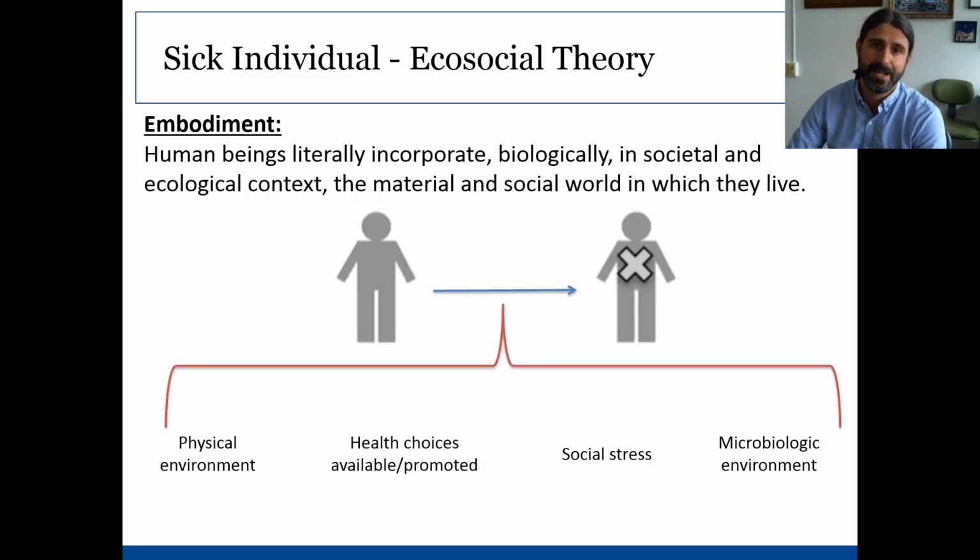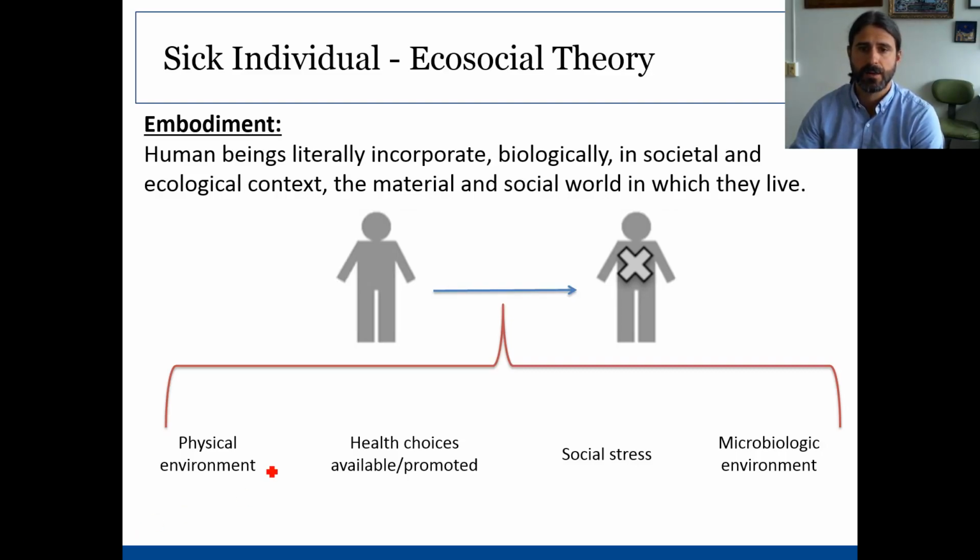Starting with embodiment, this is the first tenet of ecosocial theory. Human beings literally incorporate biologically the societal and ecologic context, the material and social world in which they live. Now, this isn't really a complex concept.